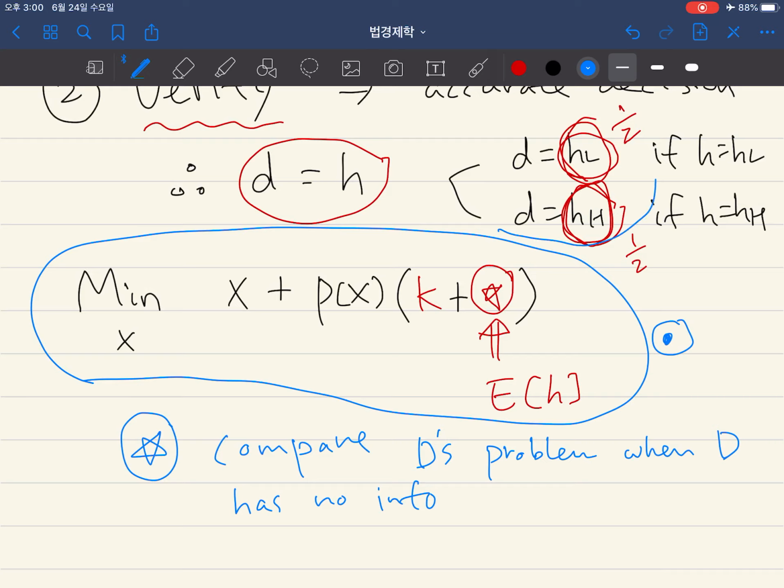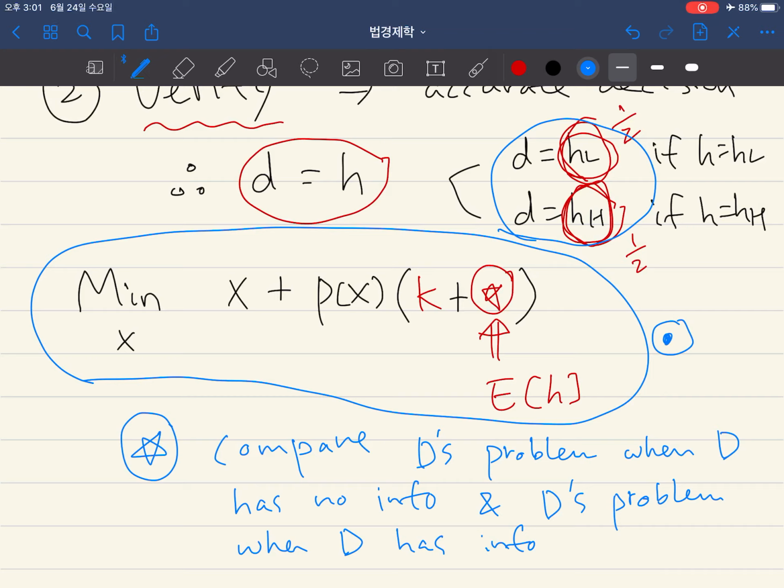It means the defendant is not sure whether harm is big or small. And last time, remember, we thought about the defendant's problem when the defendant has information. So in that case, we thought about the defendant's cost minimization problem when the defendant knows whether harm is small or big.